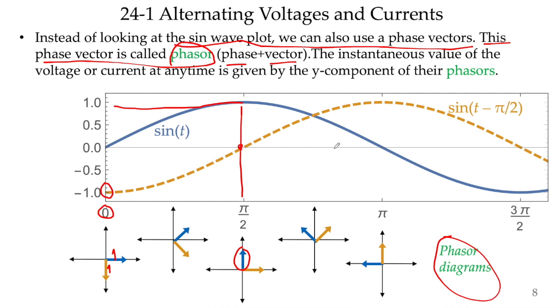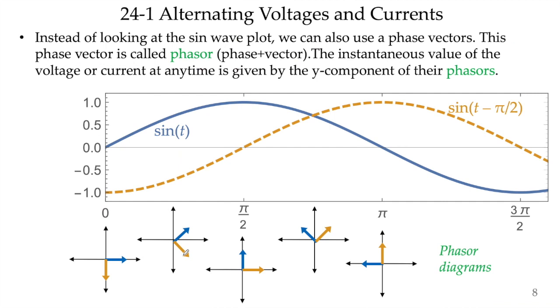So it goes like this, okay? And at this point, you can see that the yellow curve has a positive y component. Here it has a positive value. At this point, it's a positive value. And the yellow curve has a negative value, and you can see that it has a negative value.